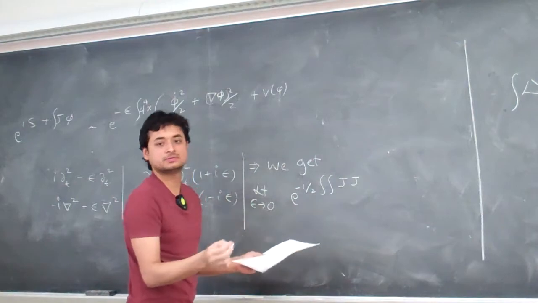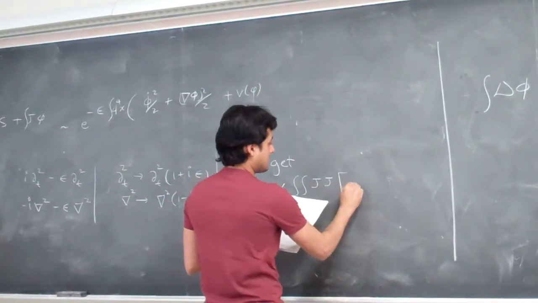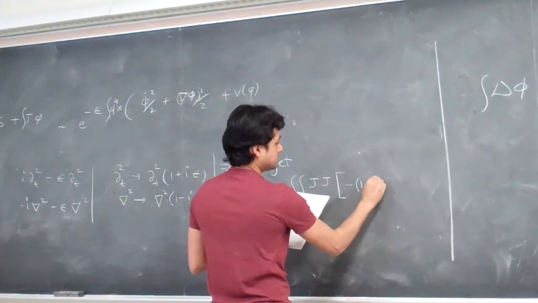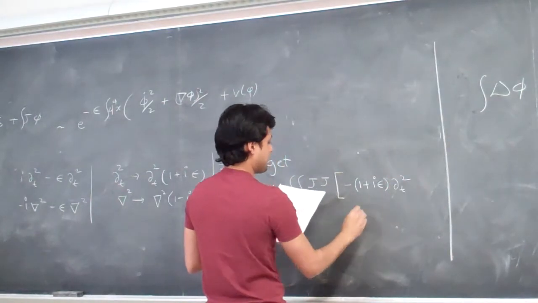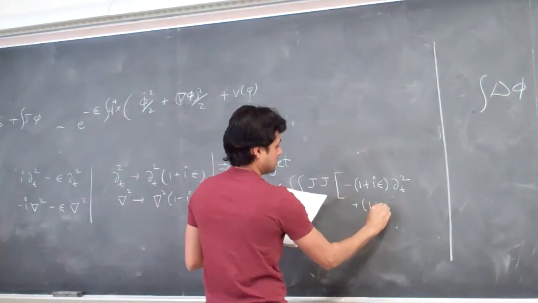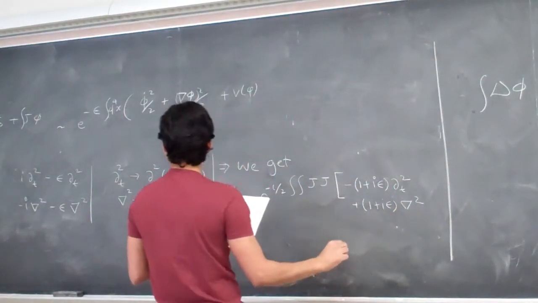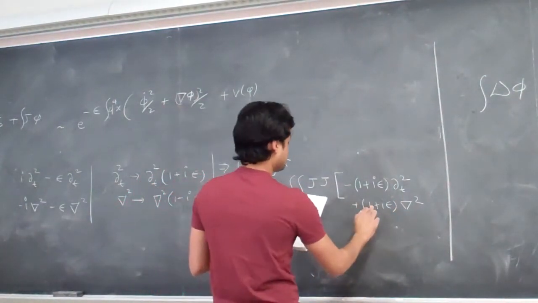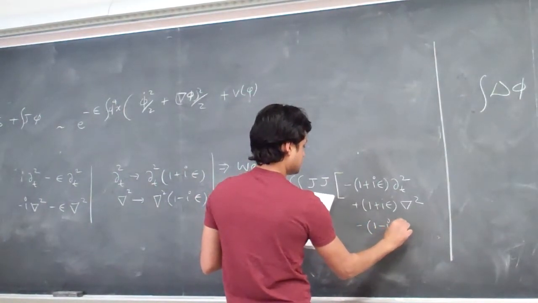They don't care about this epsilon anyway. Minus (1 plus i epsilon) dt squared plus (1 plus i epsilon) grad squared, should be minus here, minus (1 minus i epsilon) m squared.